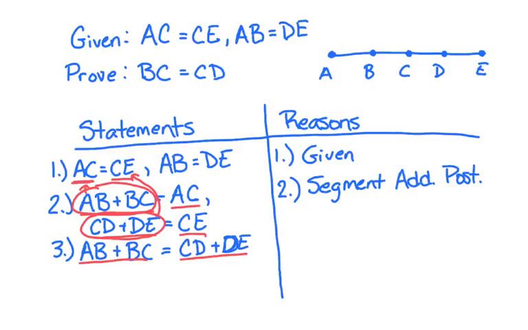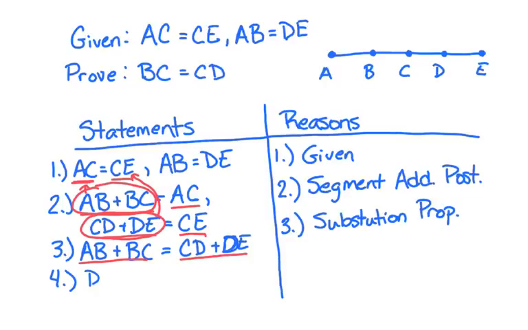So this step right here is the substitution property. And like I said before, I don't care if you write substitution property of equality or property of congruence or something like that. They all are one and the same, so just write substitution property just to keep it short and simple.